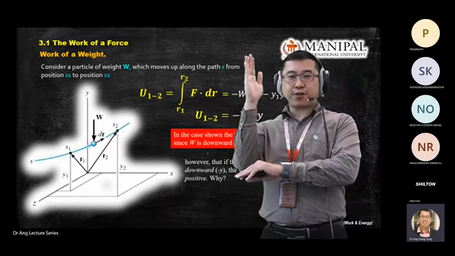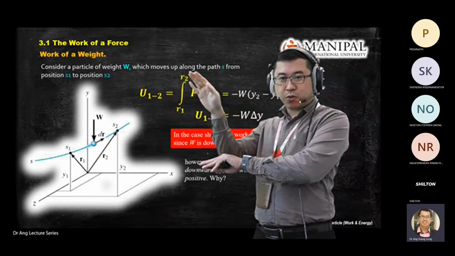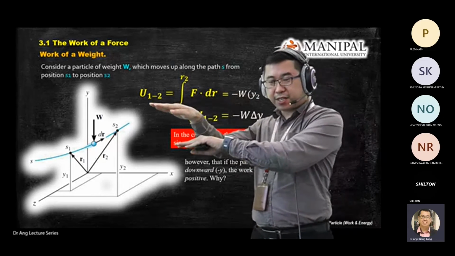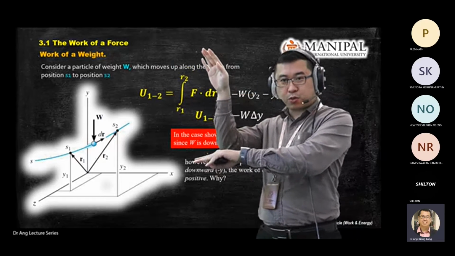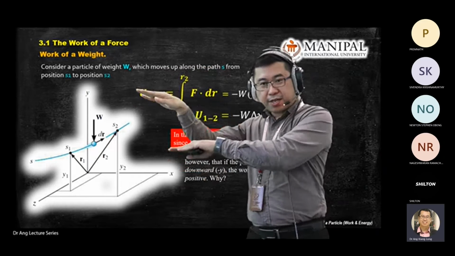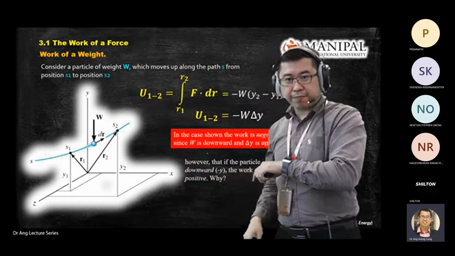When does your force give you a positive value? When your force and displacement go in the same direction, or the angle is from 0 to almost 90 degrees, you get positive, meaning these two are going in the same direction.